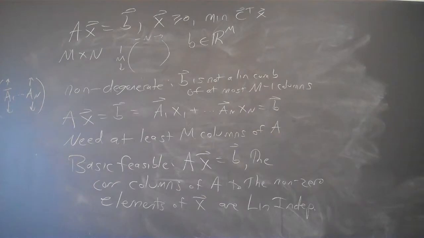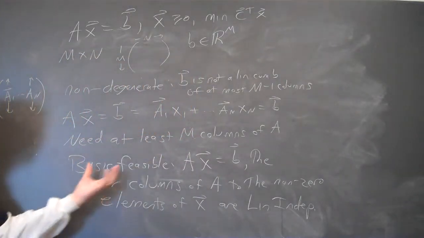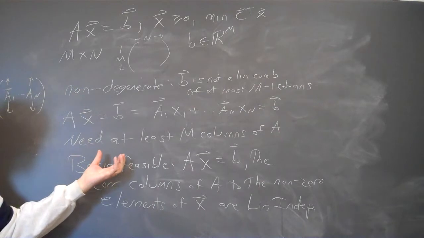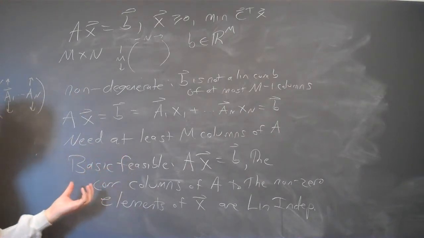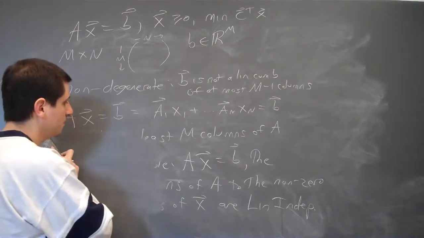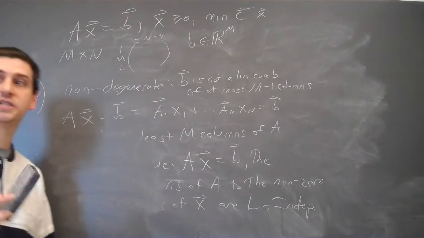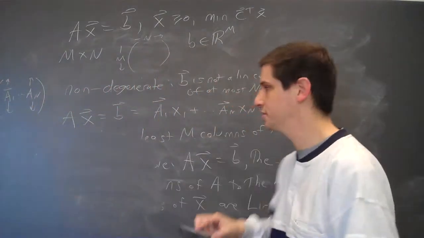So it's not immediately clear that there's only finitely many basic feasible solutions. Let's first prove that there are only finitely many basic feasible solutions. So again, a basic feasible, non-negative entries, and the corresponding columns are linearly independent. So the non-negative entries are part of the definition of basic feasible? Part of the definition. It's got to be a subset of feasible solutions.